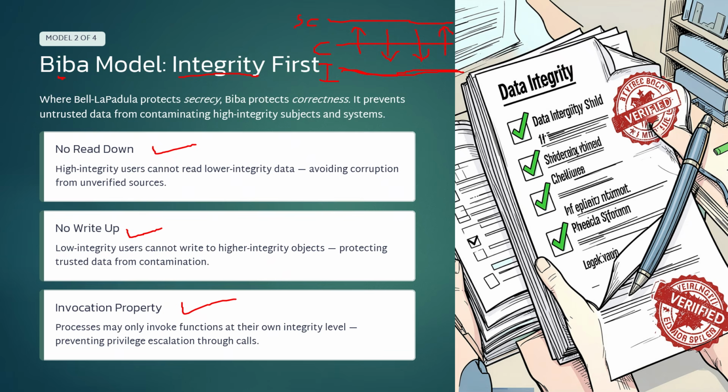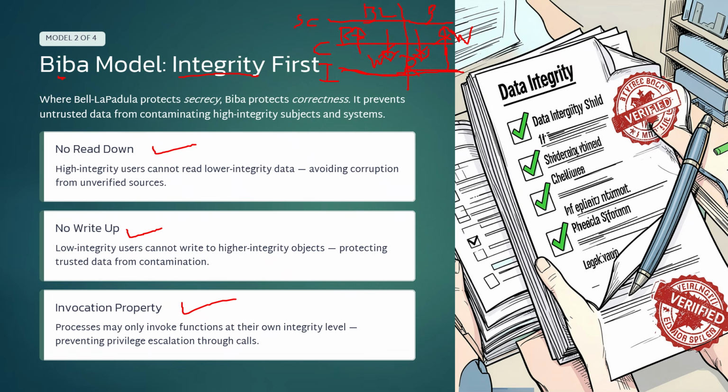Then I cross it: cross, cross, and cross. I just have to remember this: R, W, R, and then W again. So no read up, no write down. That is for Bell-LaPadula.